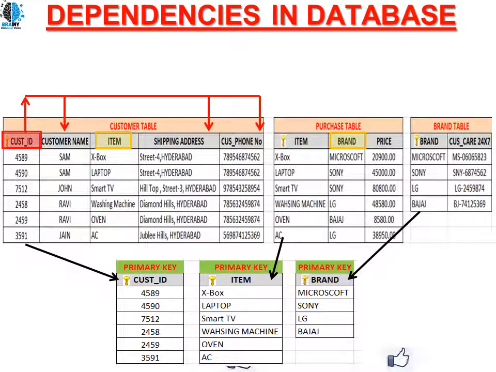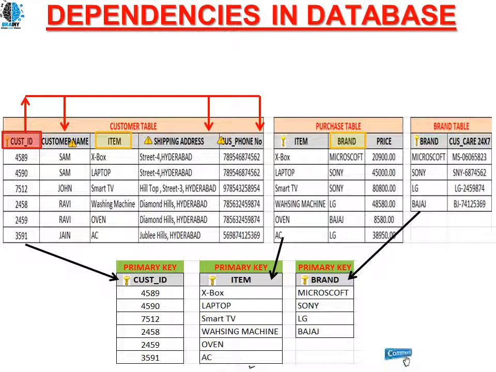Why not item? Item is a primary key of purchase table. Here item is a foreign key in customer table, so that's the reason customer ID is going to determine customer name, shipping address, customer phone number, not item. So these three fields, customer name, shipping address and customer phone number, are dependent on customer ID.